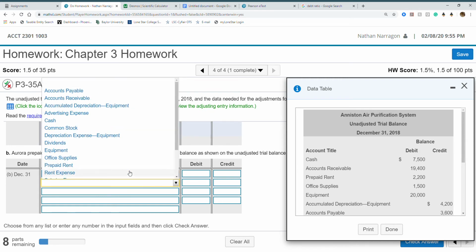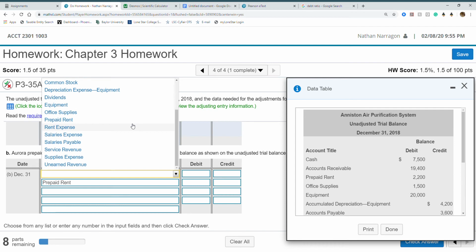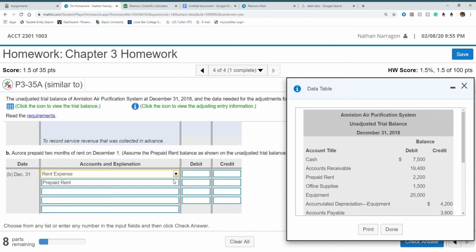So rent got paid, it's a credit. And what's the sister account again? If anything, drop the prepaid and add expense at the end. So now we have rent expense of $1,100. Same there with prepaid rent.